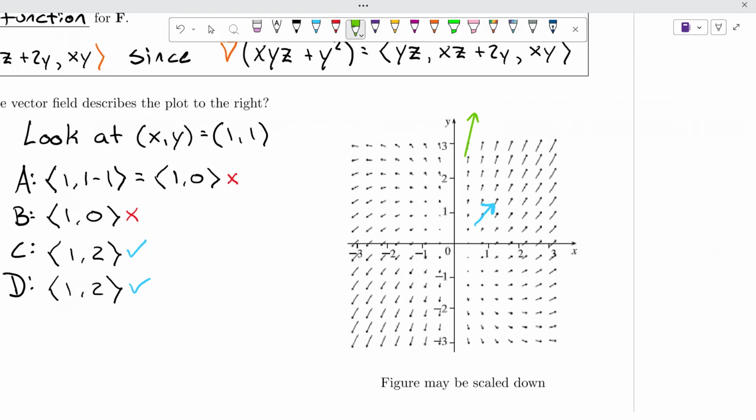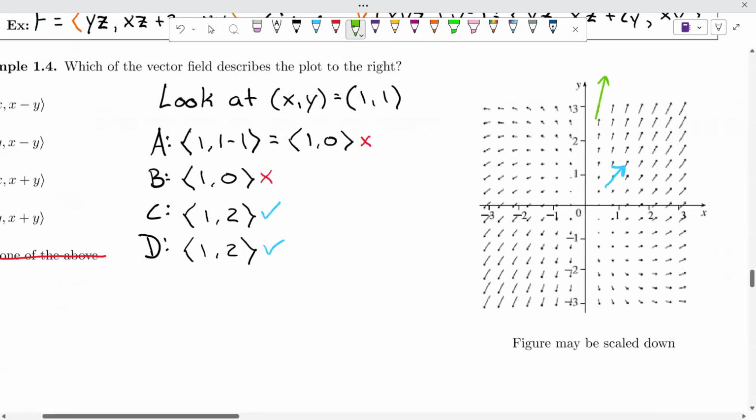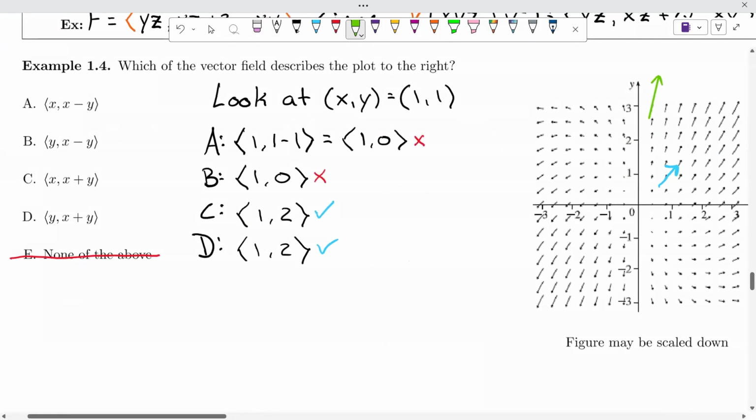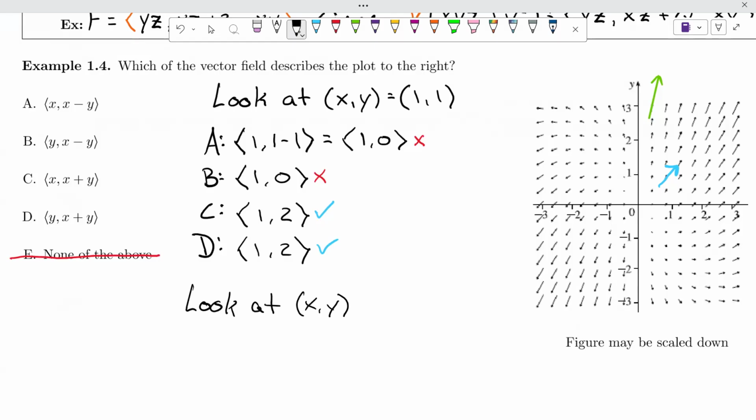So it looks like a decent choice here would be the point 1, 3. Let's look at x, y equals 1, 3.